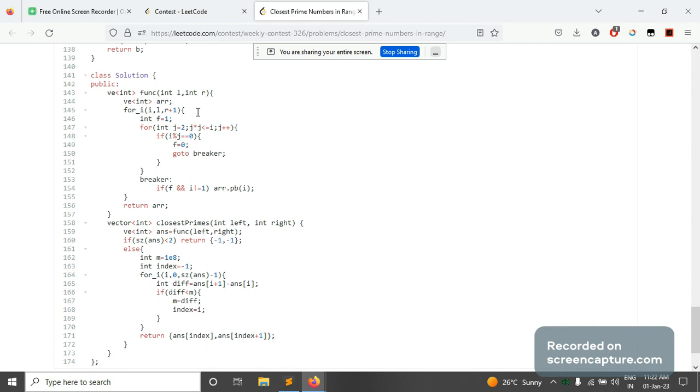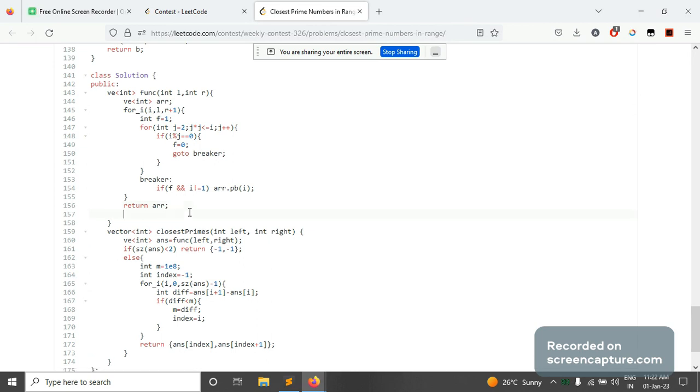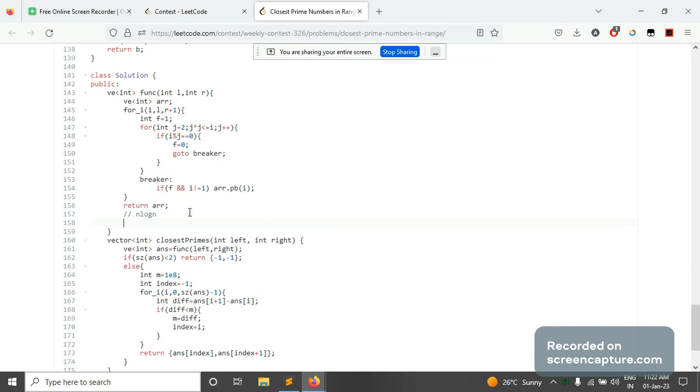The time complexity is approximately n log n, because we are running the loop of n outside, and inside we are going through the square root of that number. So it will be n root n. That is the time complexity of this.